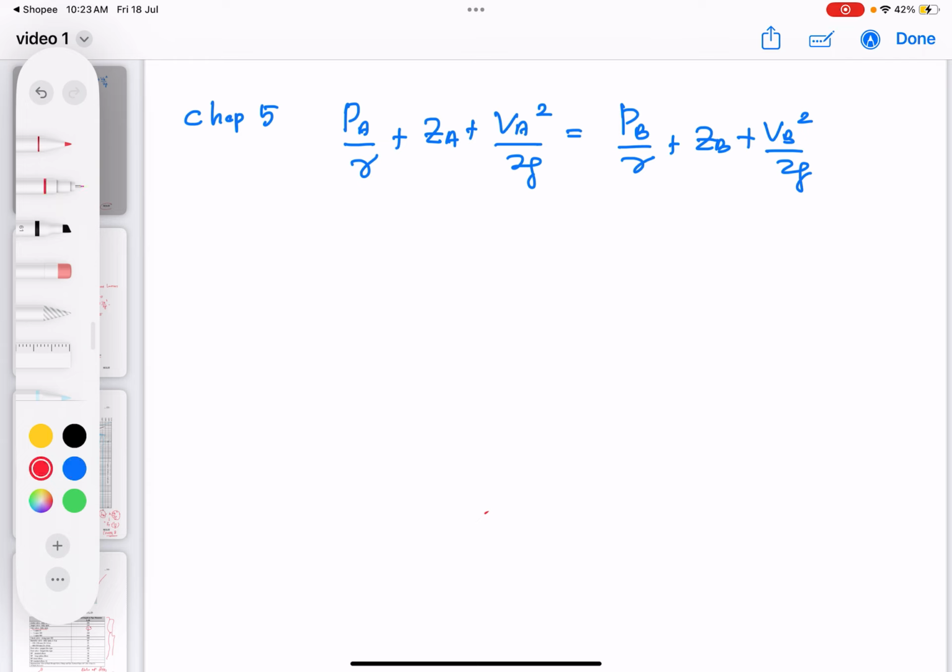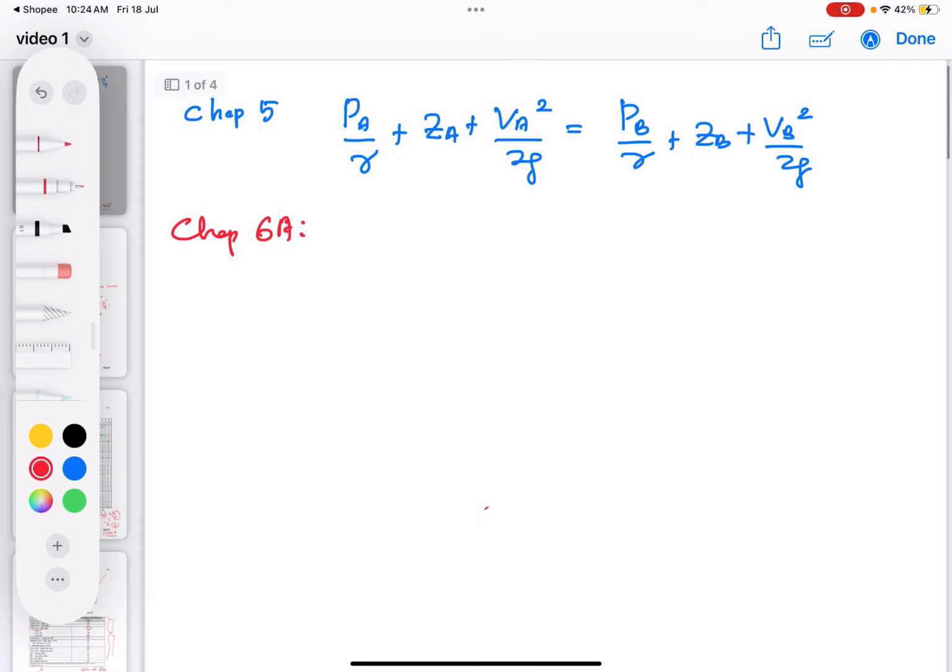In chapter 6, because the Bernoulli equation makes a lot of assumptions, one of them being no energy losses due to friction, we're going to consider almost a real condition, meaning the energy losses due to friction.